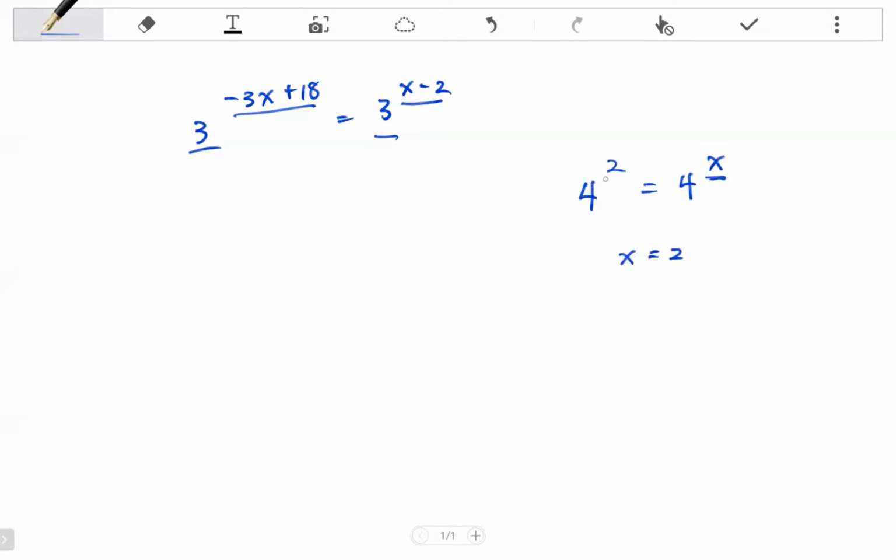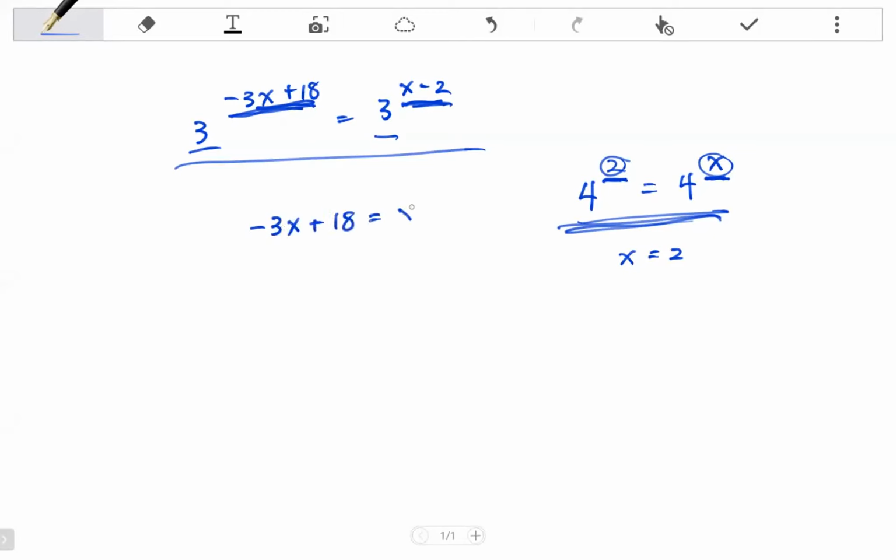Because we know that the exponents have to be the same for this equation to be equal. Since this has to be the same for this to be the same, isn't the same true here? These exponents have to equal the same thing for this whole equation to make sense. In other words, negative 3x plus 18 has to equal x minus 2 for this whole thing to make sense.